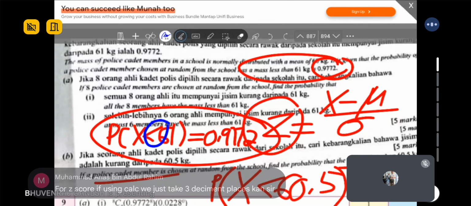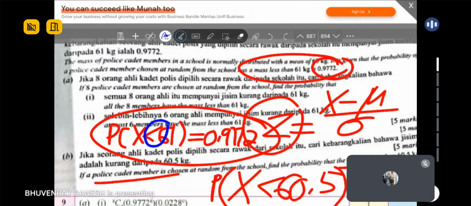For Z-score, if using calculator, yes, 3 decimal places. So guys, is my sign correct? No, right? It is not correct, because remember in this chapter the inequality sign must always point to the right, then you can read the table.